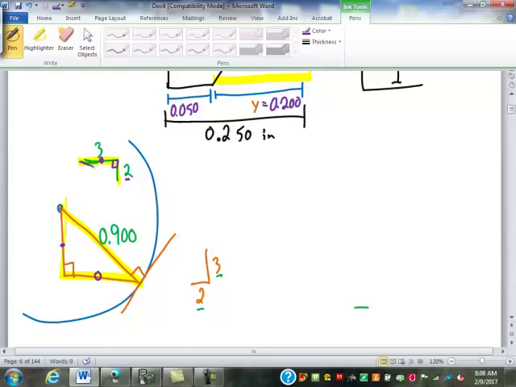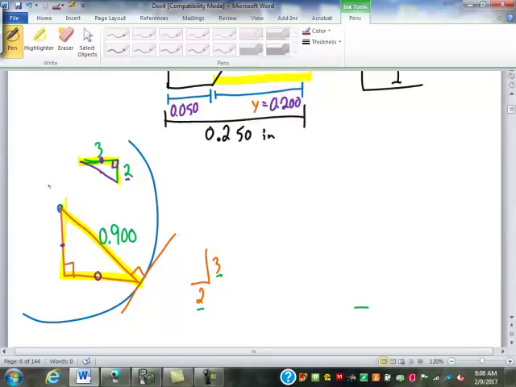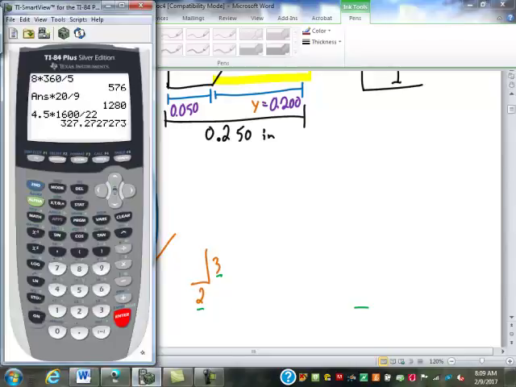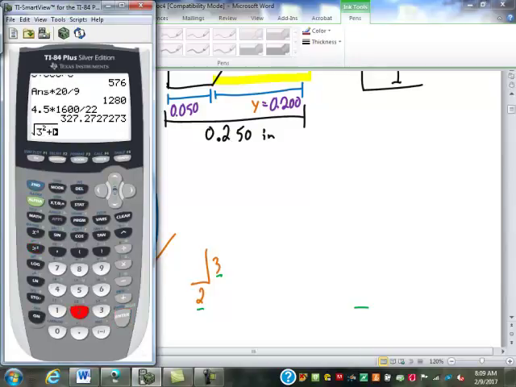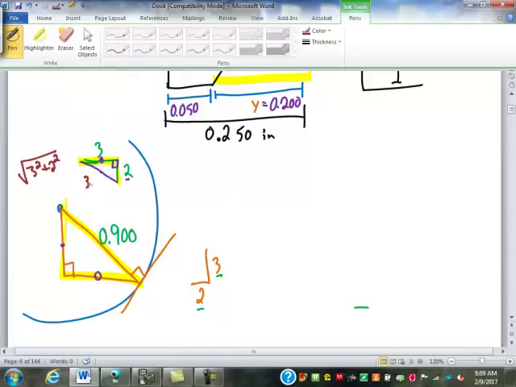To do that, we're going to complete the triangle in our aspect ratio here. So now I've created a complete right triangle there. The hypotenuse of this right triangle is just a squared plus b squared equals c squared, or the square root of 3 squared plus 2 squared, which is 3.606, we're going to call that.